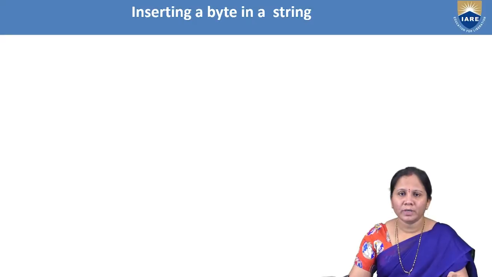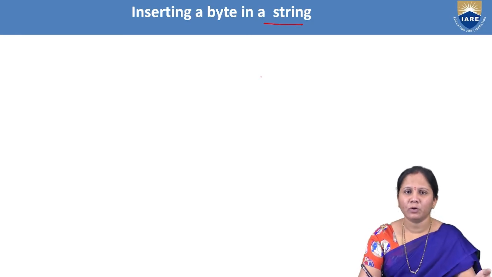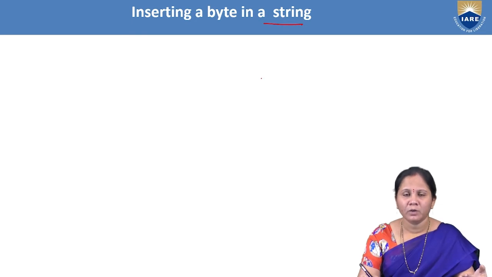So here, in string manipulations, first we will discuss how to insert a byte in a string. That means first we have to consider a string, then we have to take one number which we have to insert in the string. Then we should also consider after which number we have to insert this new number.